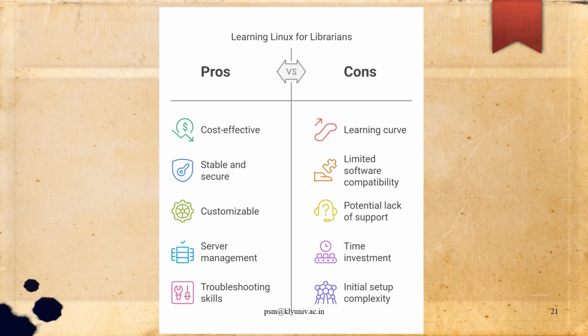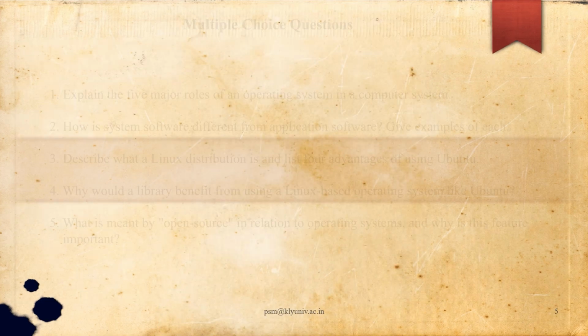You need to invest a lot of time. Initially, there will be some hiccups, but once you get through it, then the entire world is yours. And as a library professional, you need to understand Linux, because most of our application software is LAMP-based. The L in LAMP stands for the Linux operating system, any Linux-based operating system.